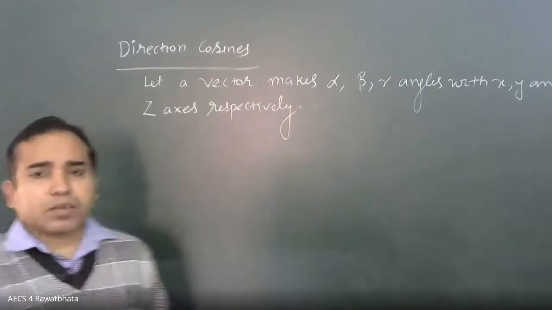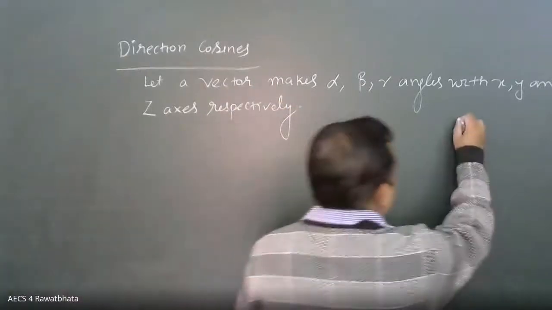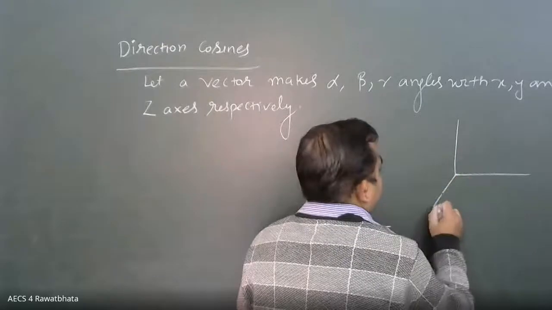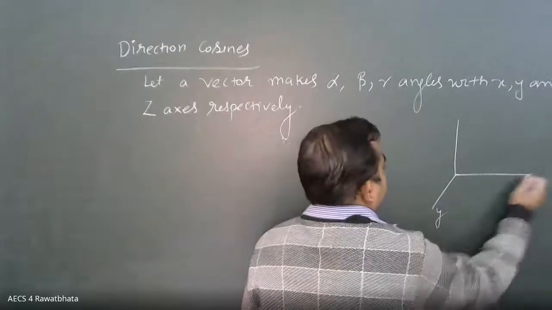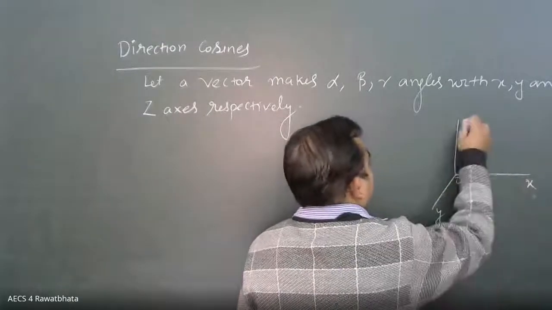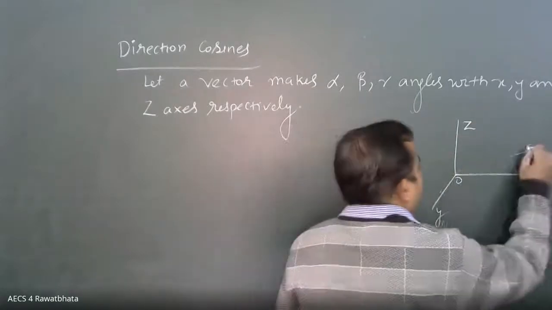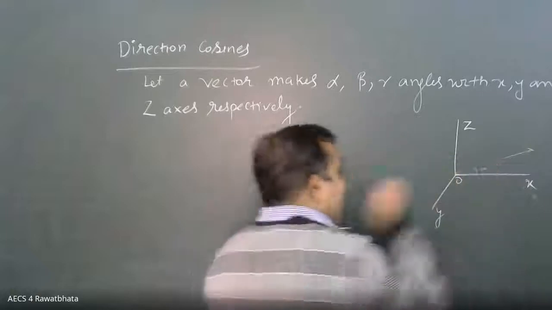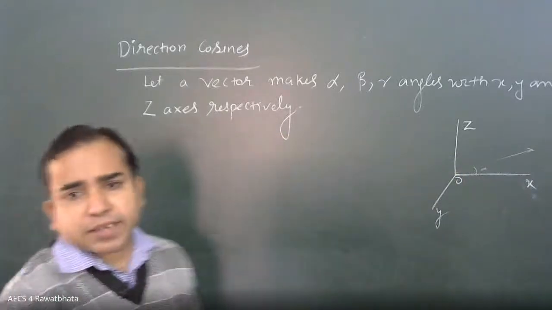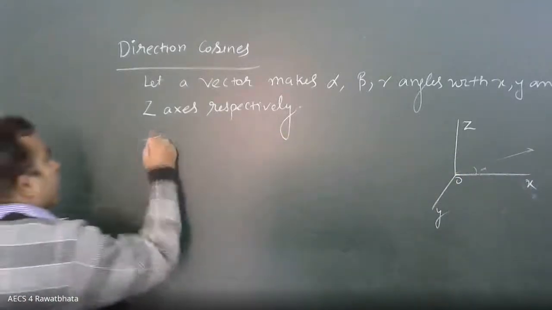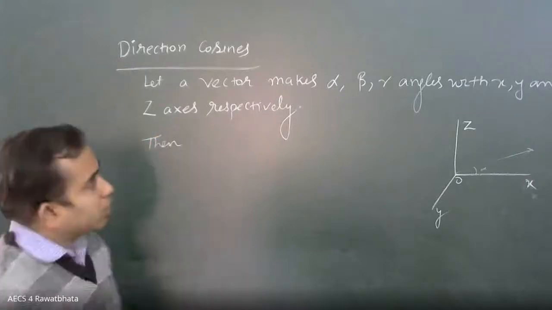Are you imagining that three axes are there? X axis, y axis, and z axis. Then there is a vector which makes alpha angle with x axis, beta angle with y axis, and gamma angle with z axis. Then if you take their cos, whose cos?